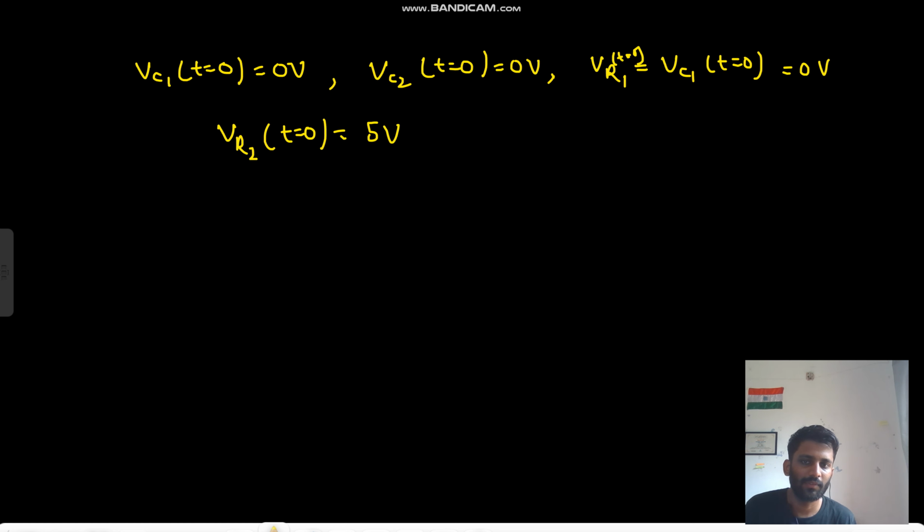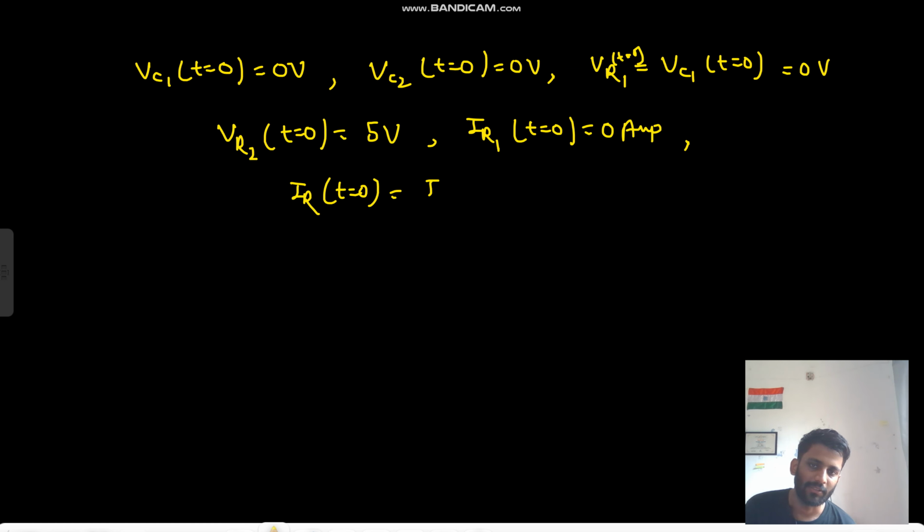IR1 is 0. IR1 at t equals to 0 is 0 ampere, right? And IR2 at t equals to 0, that means your IC2 at t equals to 0, is 5 by R2 ampere, right?